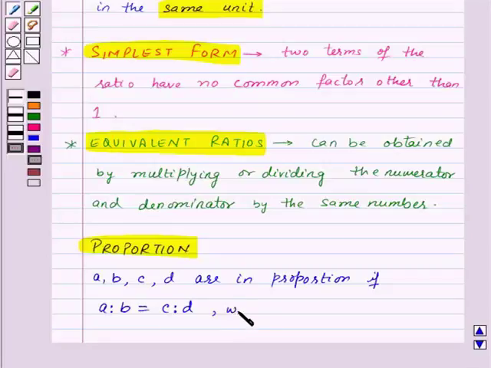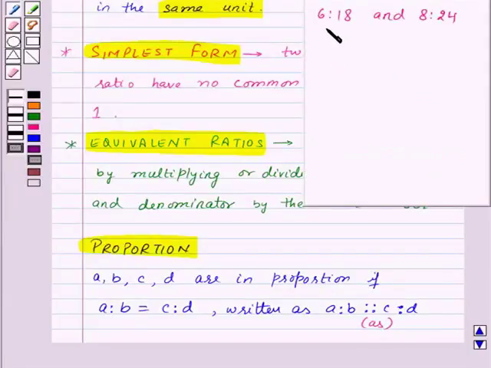And this is written as A:B :: C:D. This is the symbol for proportion and is read as "as".